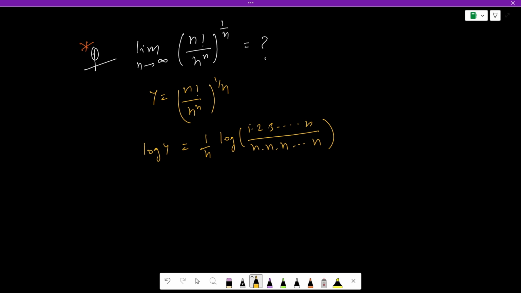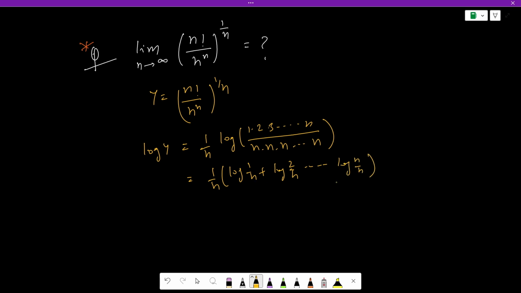Right, now we can just use the log property and break this product into a sum. So this is equal to 1 by n [log 1 by n plus log 2 by n and so on up to log n by n].